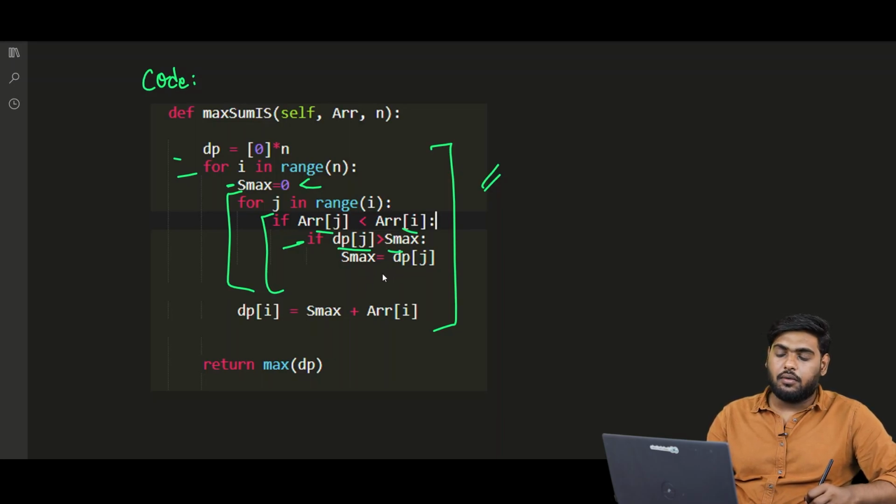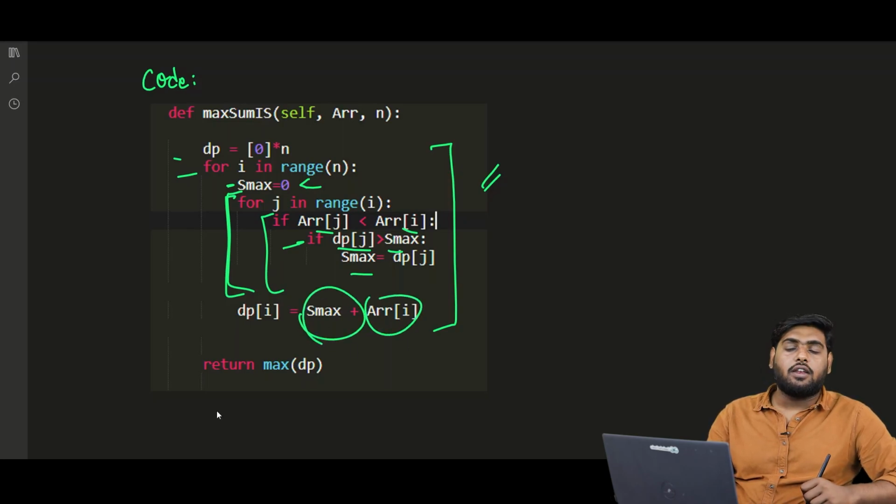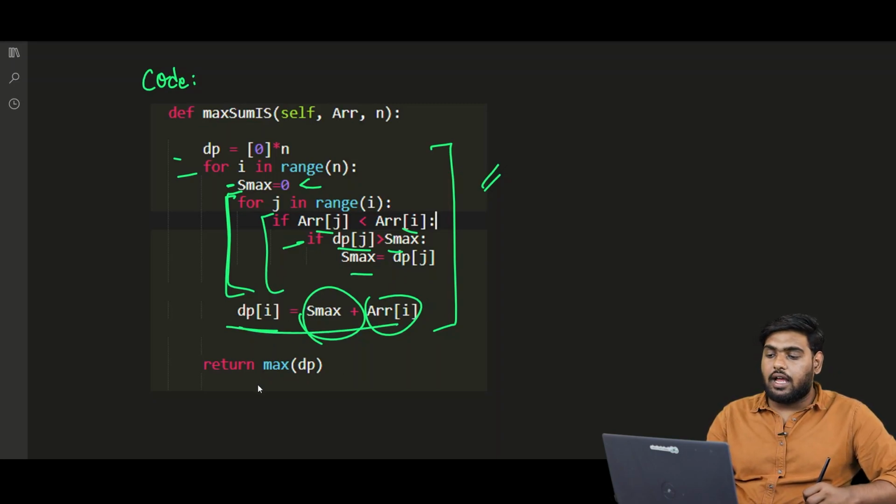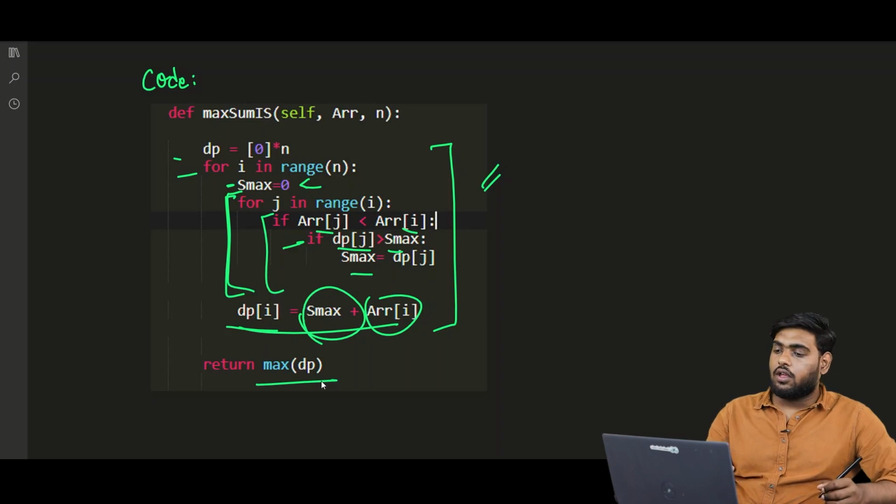If we get a bigger one, I will update my s max. Once my j is done, that means my s max will be having the maximum value so far. It will be added to the current value and that will be stored in the dp at the ith position. Eventually, once the dp array is completely made, I will return the maximum of the dp, right?